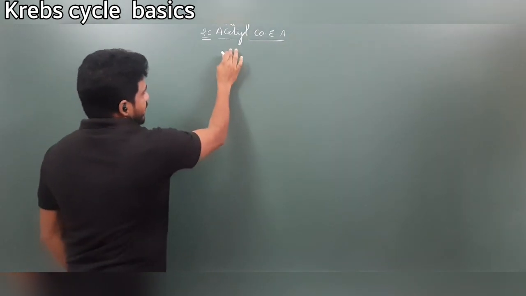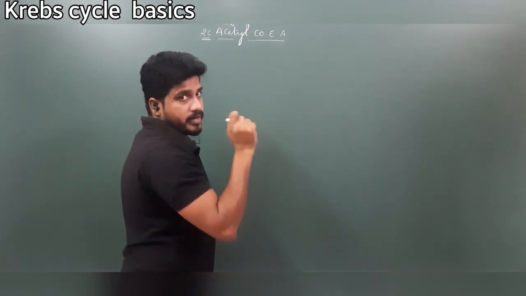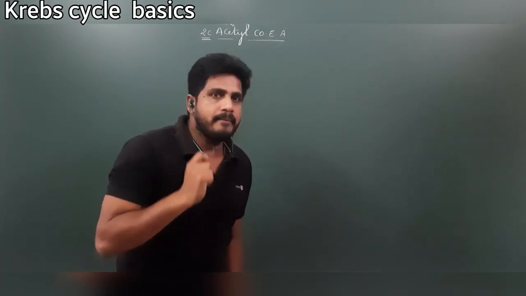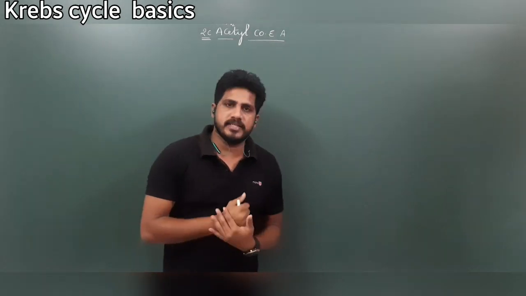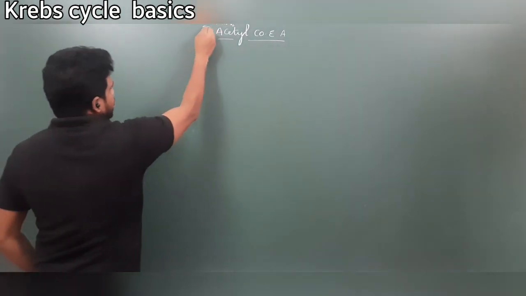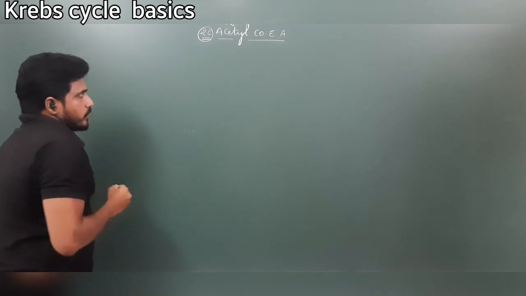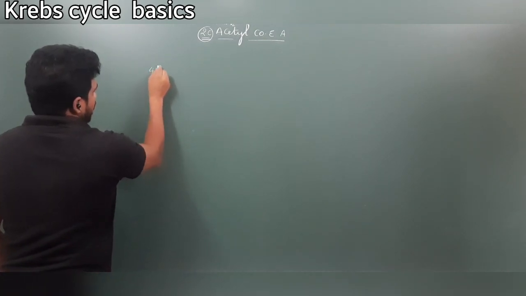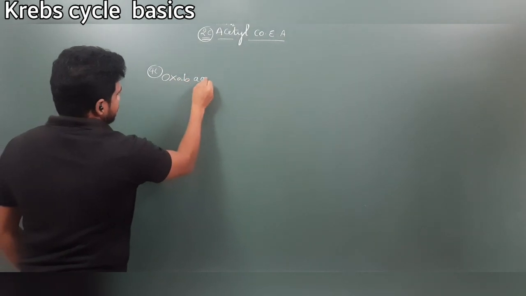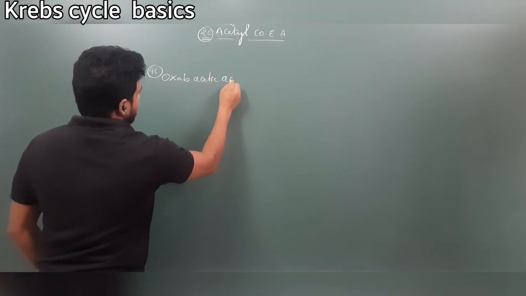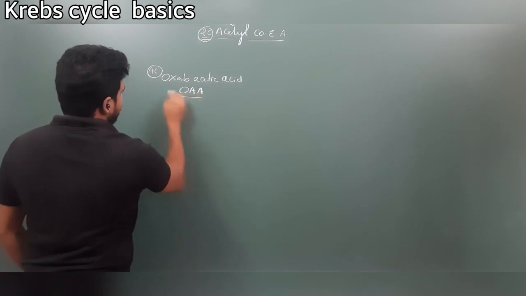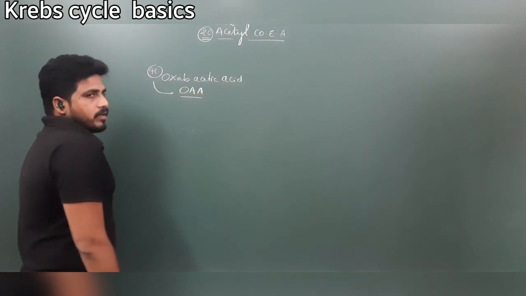This acetyl coenzyme A is there in the matrix of the mitochondria. Remember, the Krebs cycle takes place in the mitochondrial matrix. In the mitochondrial matrix, lots of enzymes are there. For this 2 carbon acetyl coenzyme A, there is a 4 carbon component called oxaloacetic acid, OAA.